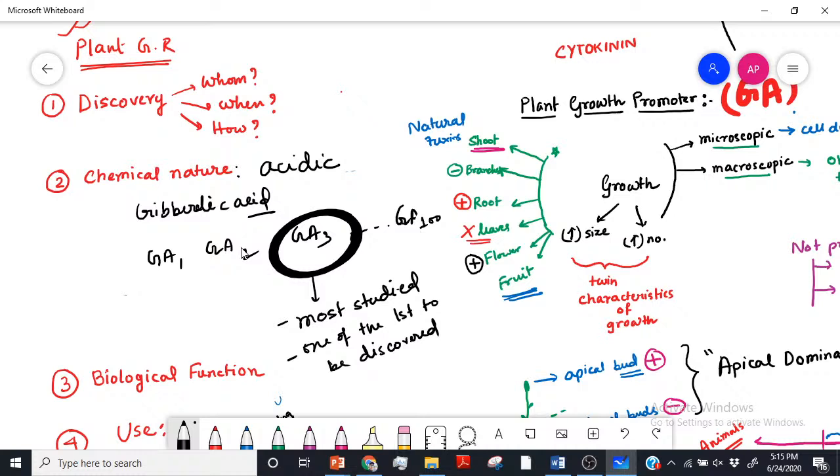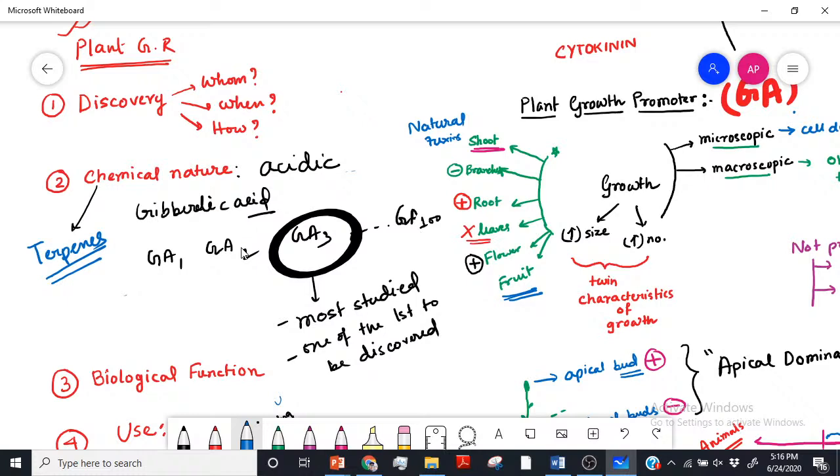Another thing to keep in mind: gibberellins are acidic, but their chemical nature proper is that they are terpenes. What are terpenes? If you have seen painting work going on in your home, painters use an oil known as turpentine oil. Turpentine oil is mixed with oil paint and used to remove paint from your hand.